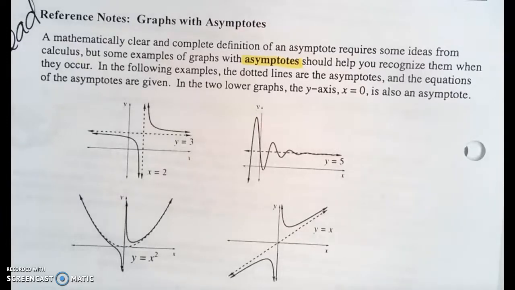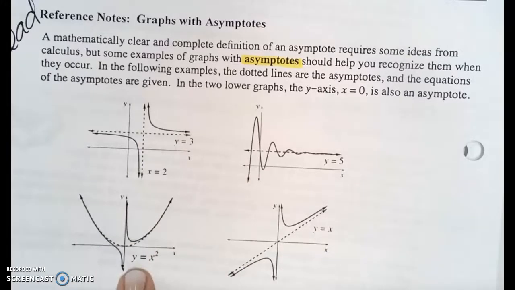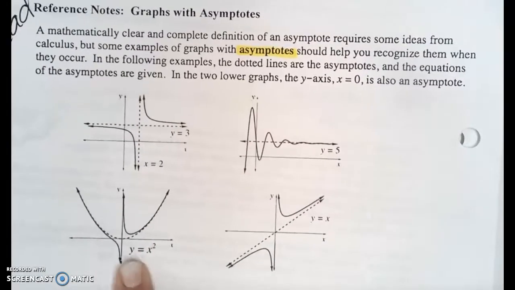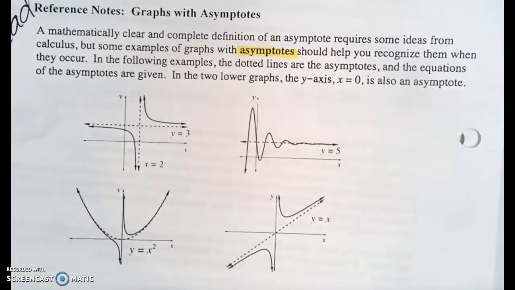So if you have 2 different colors, you could draw it right next to it to draw attention to it. This one's curved, so it's your parabola y equals x squared. This one's slanted. Most of your asymptotes are going to be vertical and horizontal, but yes, you can have slanted, you can have curved asymptotes as well, okay?